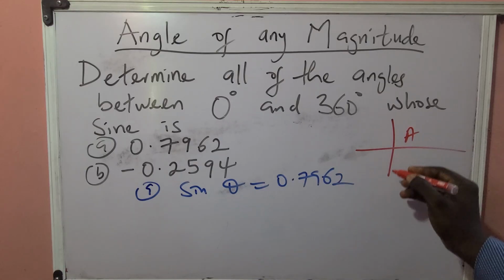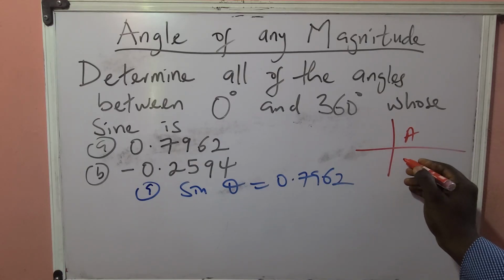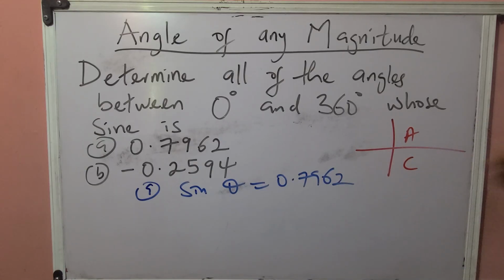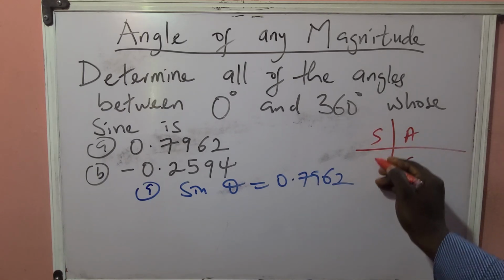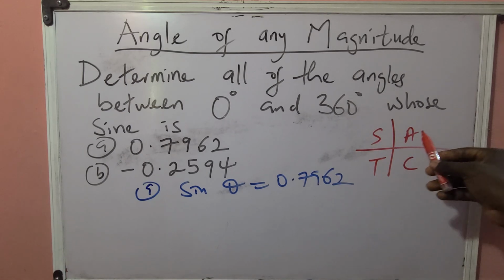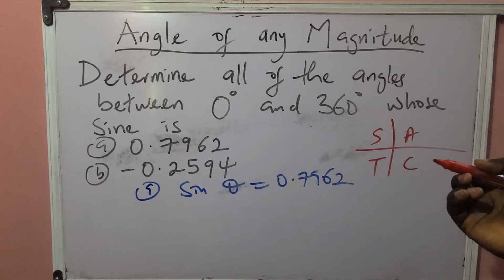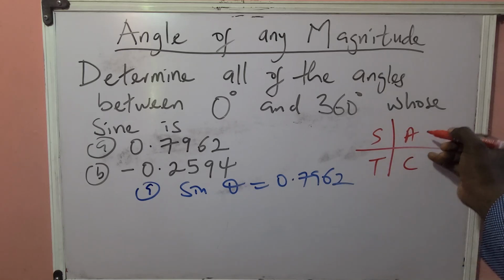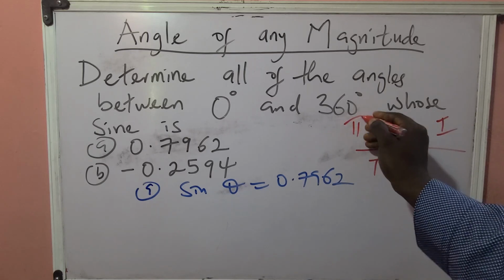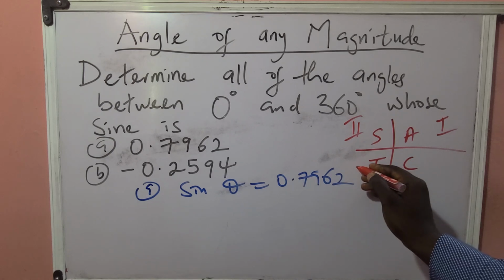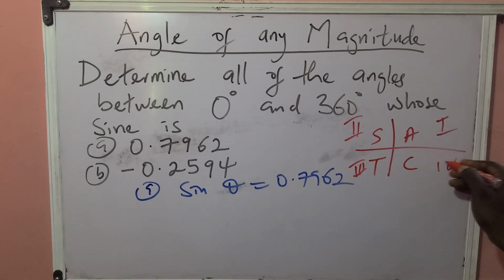We have A here, we have C here, we have S here, and we have T here. I told you already, all students take calculus, or add sugar to coffee. So obviously you can see from here that this is the first quadrant, this is the second quadrant. We are moving anti-clockwise. This is the third, and this is the fourth.